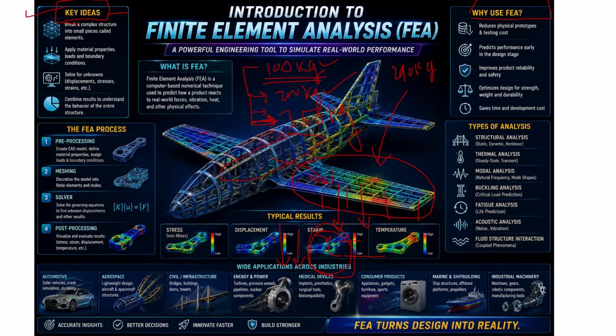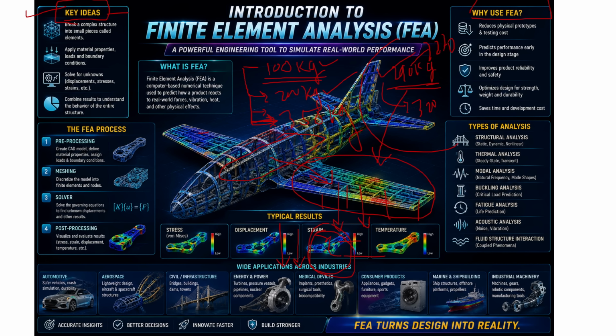So I will create a physical prototype of the wing, apply 290 kg of load, and check in reality whether it fails at exactly 290, or whether it fails at maybe 320 or 270 or 250.